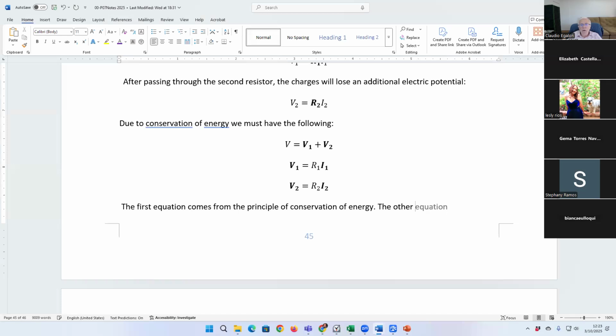The other two equations come from Ohm's law. Okay? Notice that we have three equations and four unknowns.